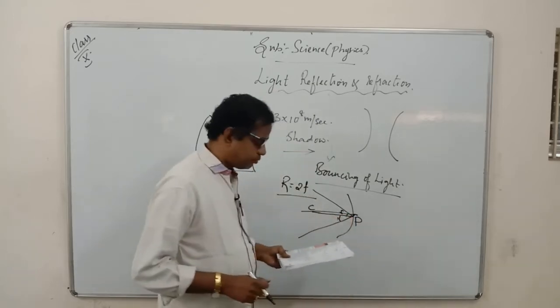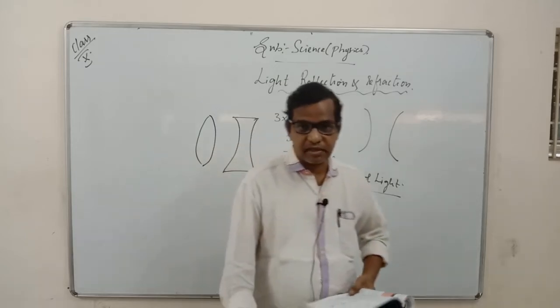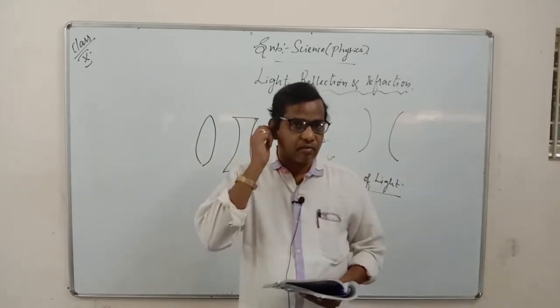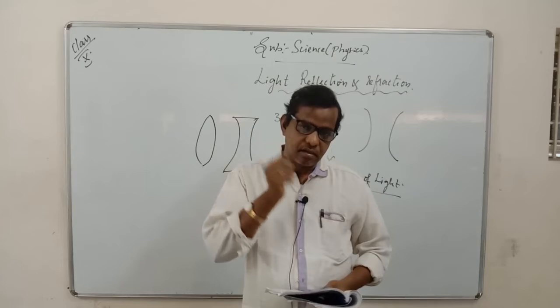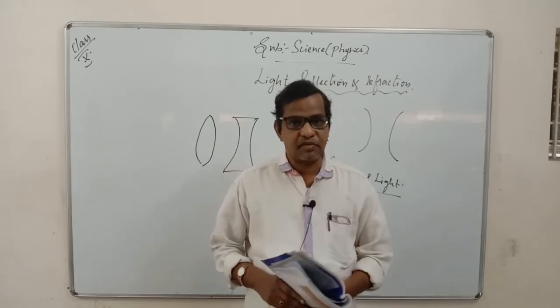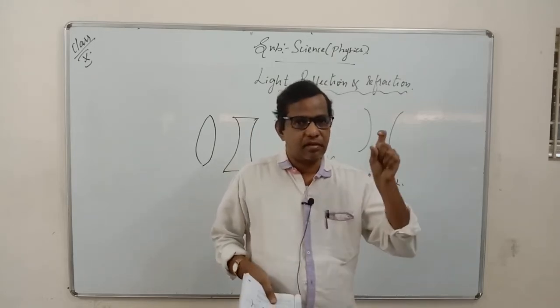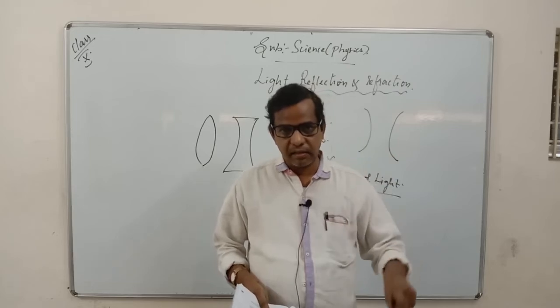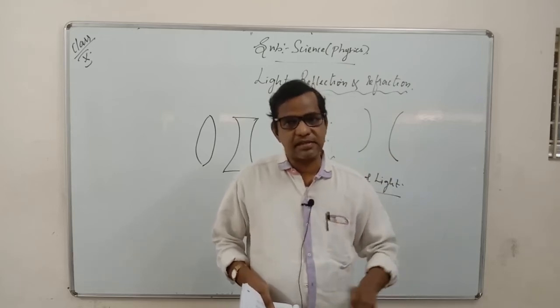If you go through the textbook, you will get a clear picture, or once you go through the notes which are given there. There it is explained very technically how the images are formed.